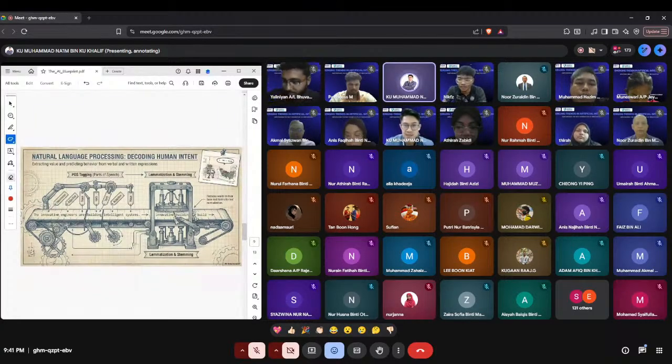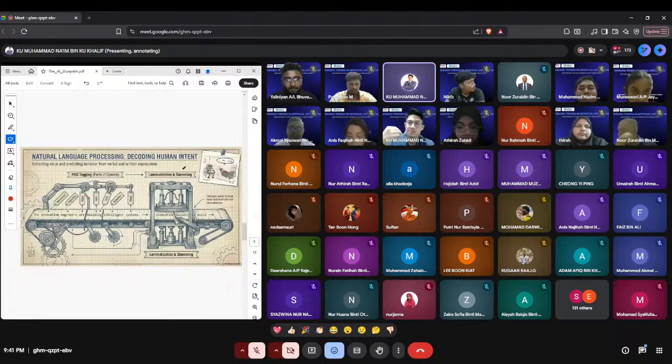Okay, so another trending knowledge of AI is NLP. This is popular. NLP, natural language processing. We look at how AI understands language as a human being does. We are human beings, we have the same sight, for example, and the same sense of hearing.